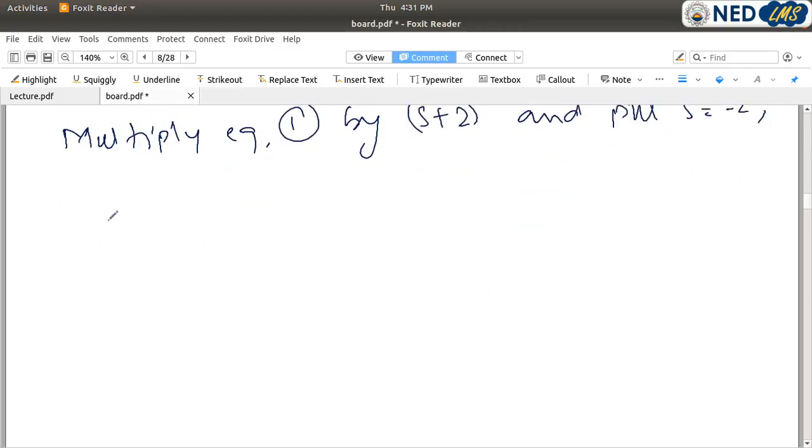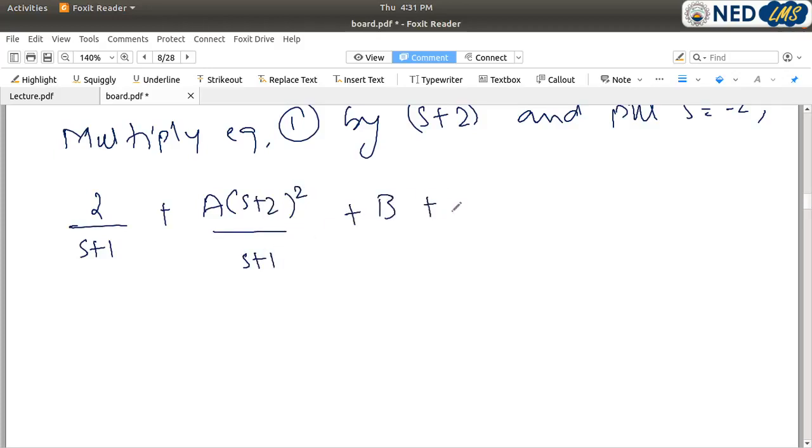So it will become 2 over s plus 1 plus A into s plus 2 whole square over s plus 1 plus B plus C into s plus 2.